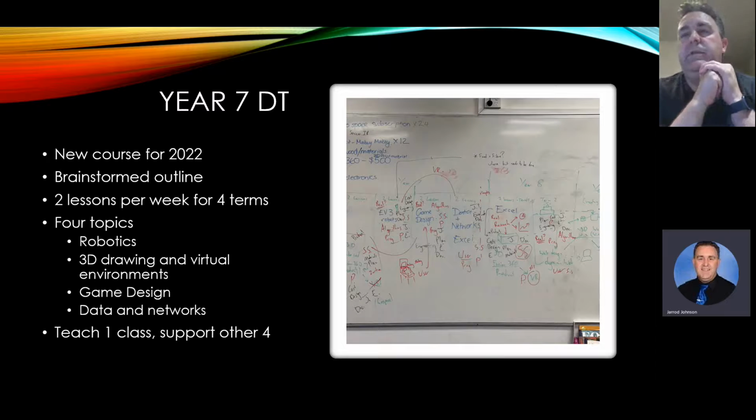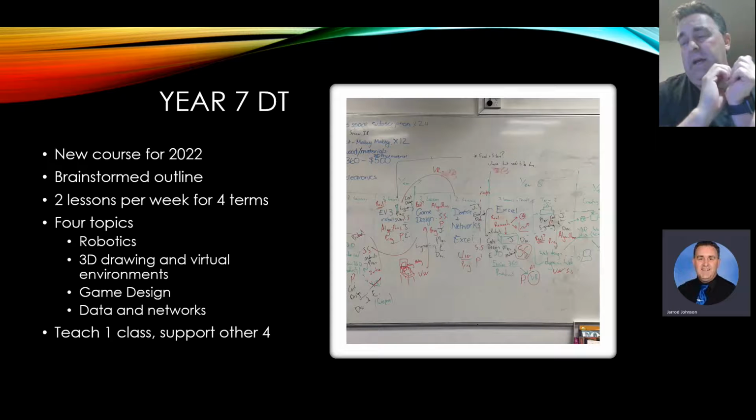First of all, the digital technologies and design technologies, we brainstormed this whole thing on the whiteboard. This is a new course for 2022. It has been redeveloped and redeveloped and redeveloped because every time we plan it, COVID is ruining everything for us, and we're not sure if we're going to be doing face-to-face education or online learning or whatever.